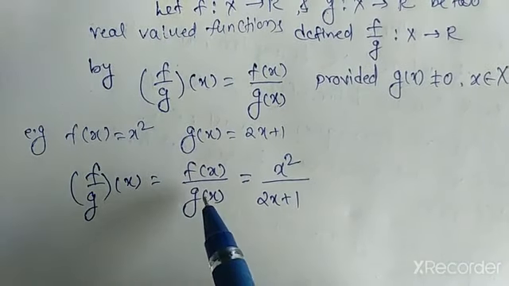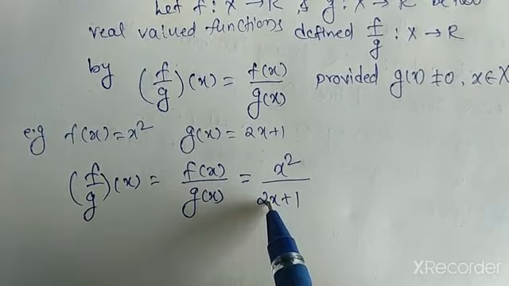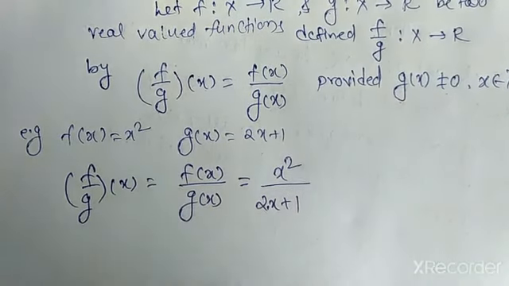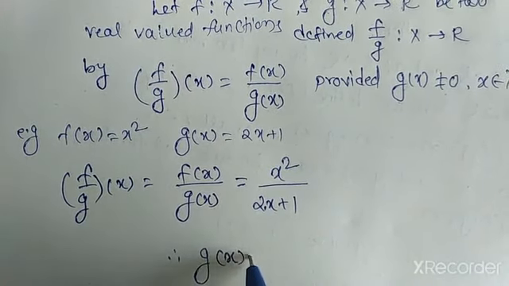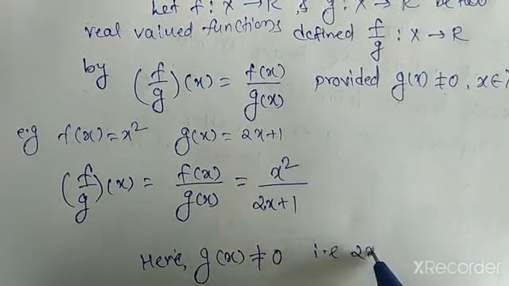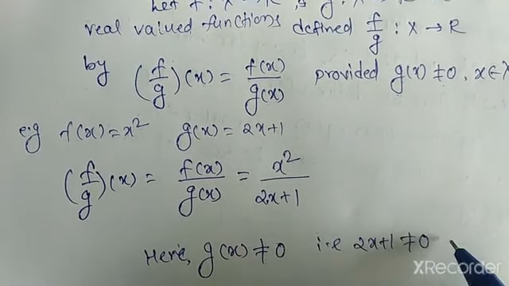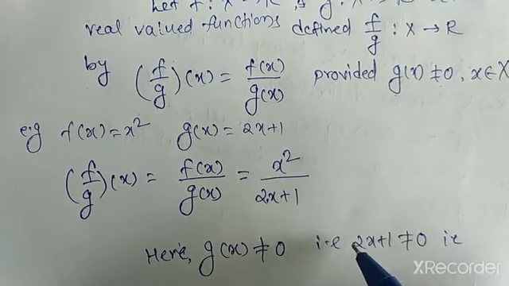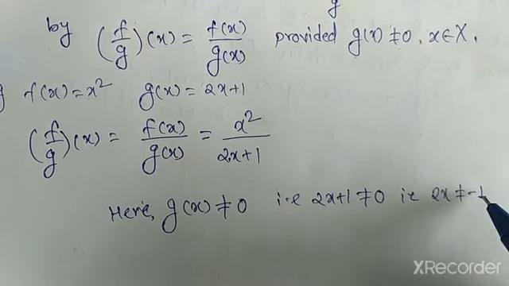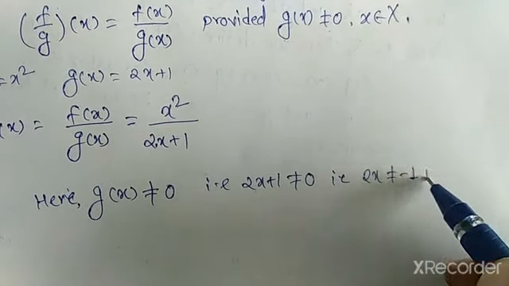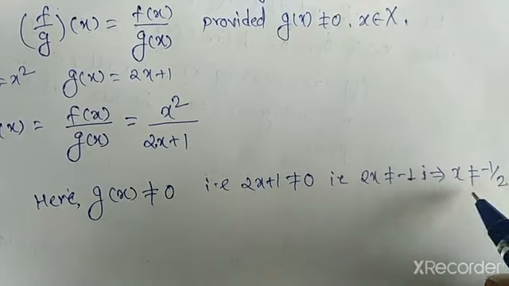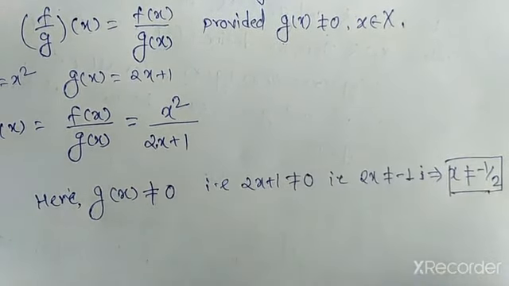Now here we have to find the condition on x. By the definition of quotient, g(x) should be not equal to 0, that is 2x plus 1 not equal to 0, which can be written as 2x not equal to minus 1, which implies that x not equal to minus 1 upon 2.